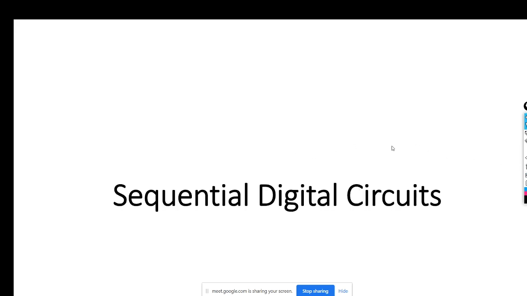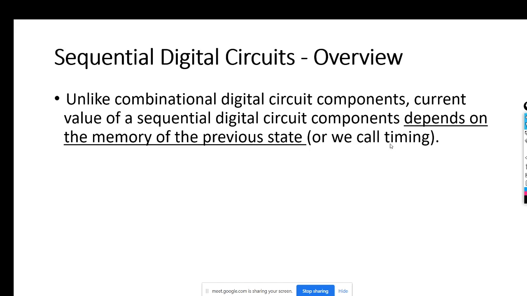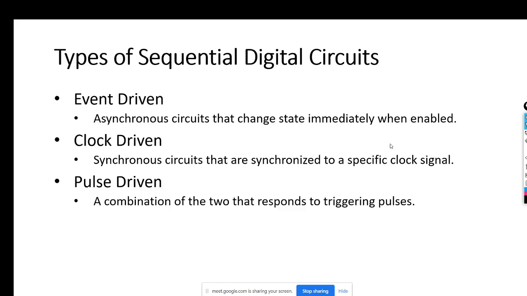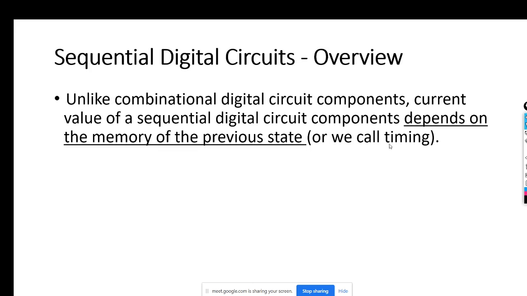Now, when it comes to sequential circuits, those circuits depend on the memory or the previous state. We can call it either memory or the previous state. Most of these devices are used to keep the memory or retain data.